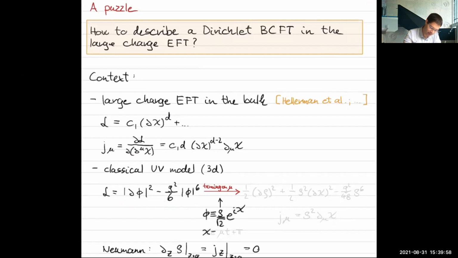At finite chemical potential, this phase chi rotates quickly, mu times t, and then there are fluctuations, which I denote by pi throughout the talk. If we do this change of variables, then we get 1/2 (d rho)^2, then there is a chi kinetic term multiplied by rho squared, and some rho potential. And the current is rho squared times d mu chi.